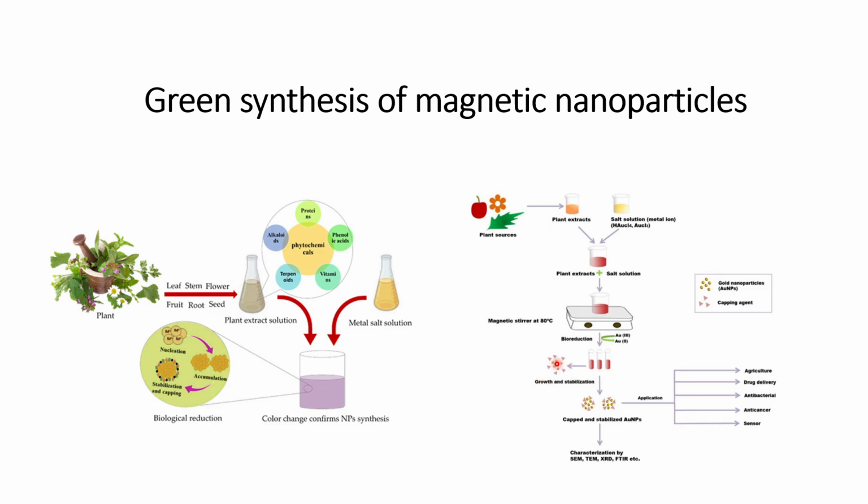They can get the stabilized gold nanoparticles, which are capped by the secondary metabolites that are already present in the plant extract. The raw material is also not that expensive in terms of the plant biochemicals. However, the gold price might be one of the concerns.